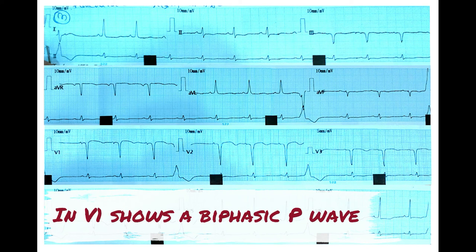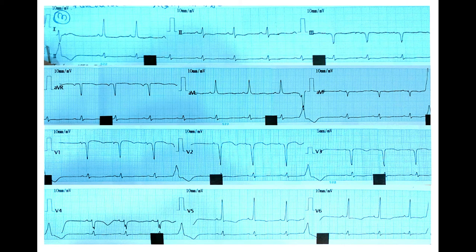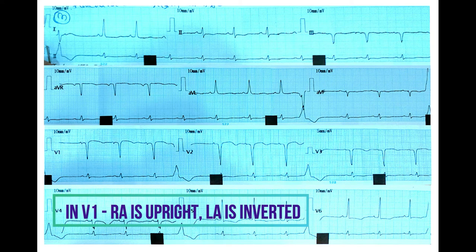We look in V1 because the P wave is biphasic in V1, that is the right atrial component is positive and the left atrial component is negative. So in lead V1, the part of the P wave above the isoelectric line, on the positive side, is the right atrial activity, and the part below the isoelectric line is the left atrial activity.